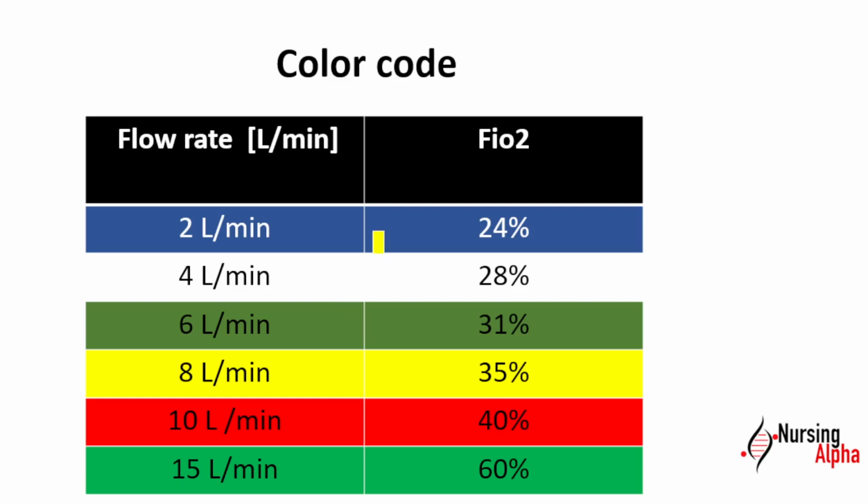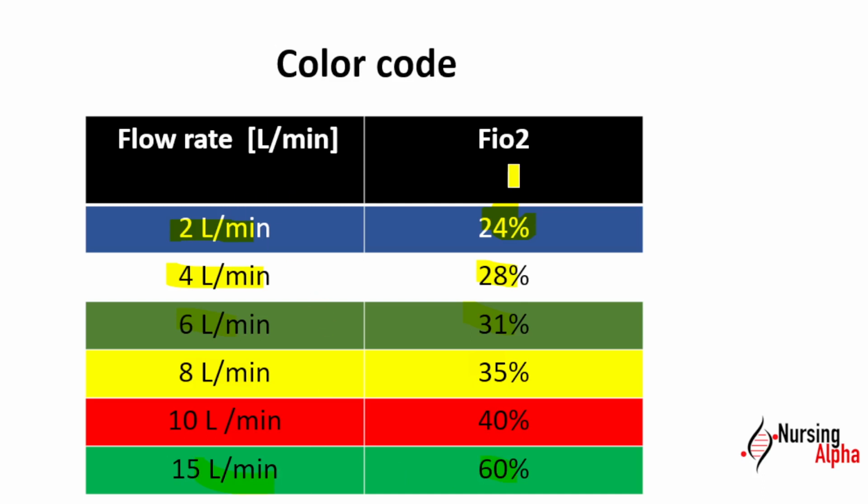So 24 percent FiO2 has a 2 liter per minute flow rate. 28 percent is 4 liter per minute. 31 percent is 6 liter per minute. 35 percent is 8 liter per minute. 40 percent is 10 liter per minute. 60 percent is 15 liter per minute.